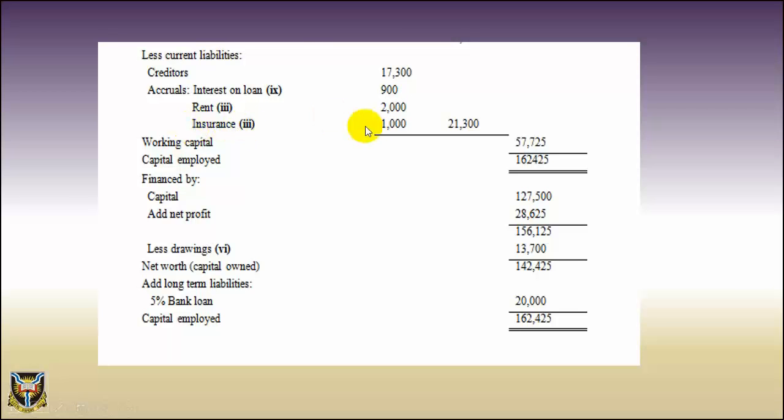Insurance 3, 1,000. Total 21,300. NBV 57,725. Capital employed 162,425.